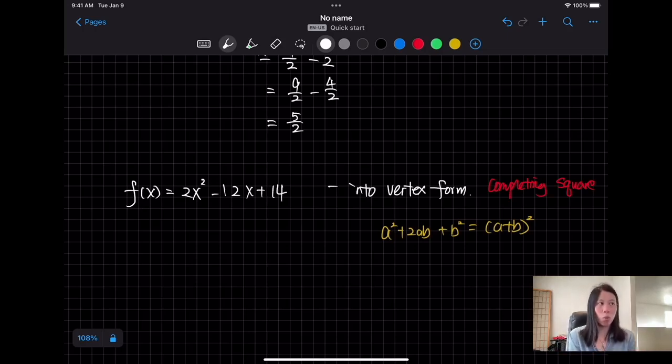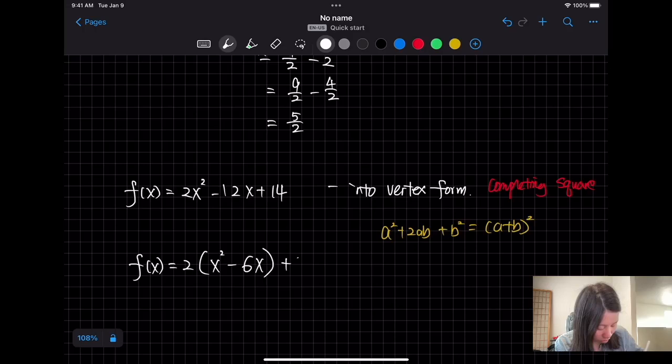Okay, so we're starting by factoring the leading coefficient from the quadratic and the linear terms. So when we factor this out, we have f(x) equals 2 times (x squared minus 6x) plus 14. Okay, so now how do I complete the square?